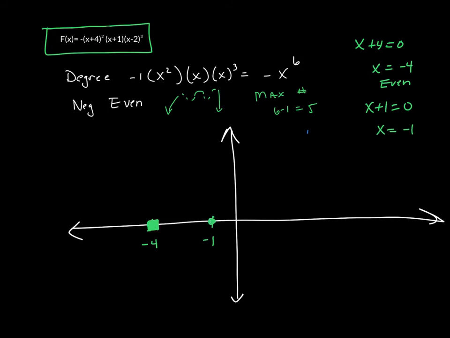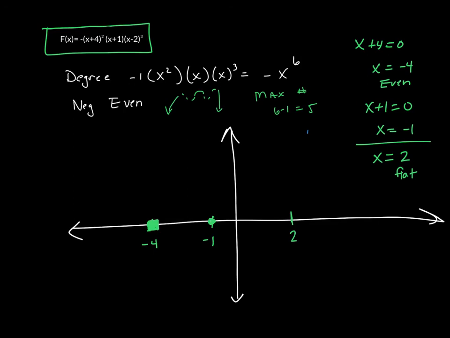And the last one that I have is the last parentheses, x minus 2 factored. This is an odd, so it will be a 0 at x is equal to 2, but remember, because that is odd, it's going to get flattened out. So over here at 2, I'm not sure which way it's going to go. It could either go like this, or it could go like that. Let's go ahead and find out.